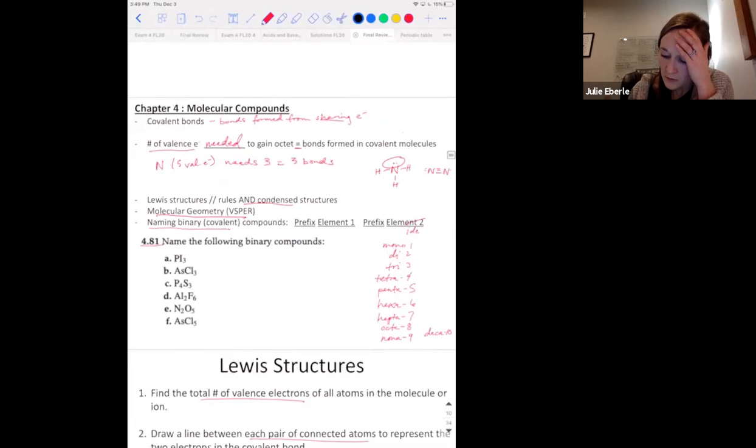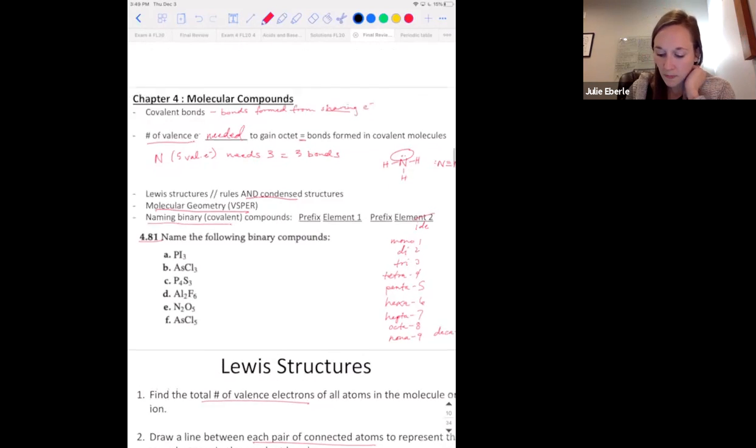So, for example, and another thing here, you almost all the time omit the word mono for the first element. There's certain cases where you do use it, but I'm not going to split hairs and test you on when you do and don't use mono. So just pretty much know you're going to omit mono for the first element if there's only one.